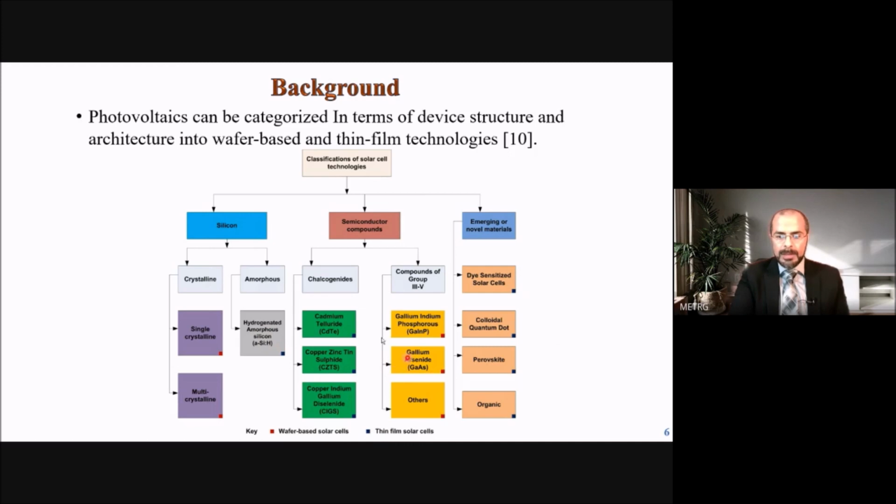For example, cadmium telluride, copper zinc tin sulfide, and of course perovskite and quantum dots, DSC (dye-sensitized solar cells), and other organics as solar cell technology. So the main two parts are wafer-based and thin film-based.